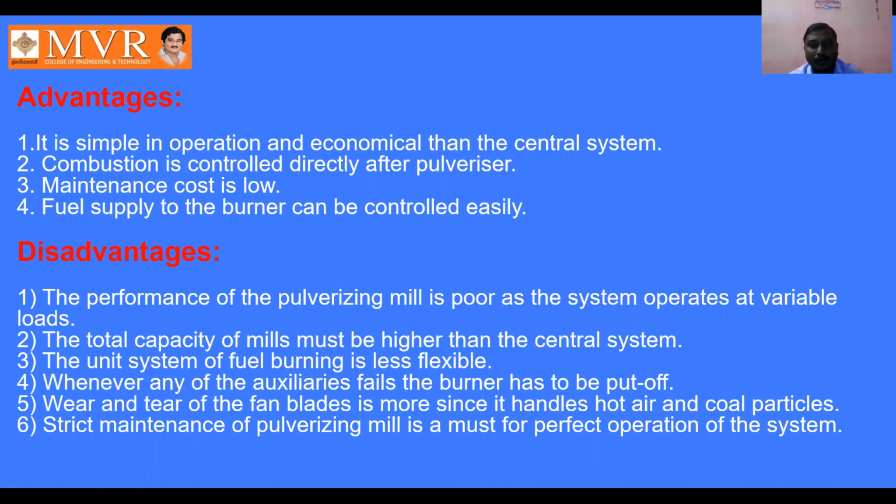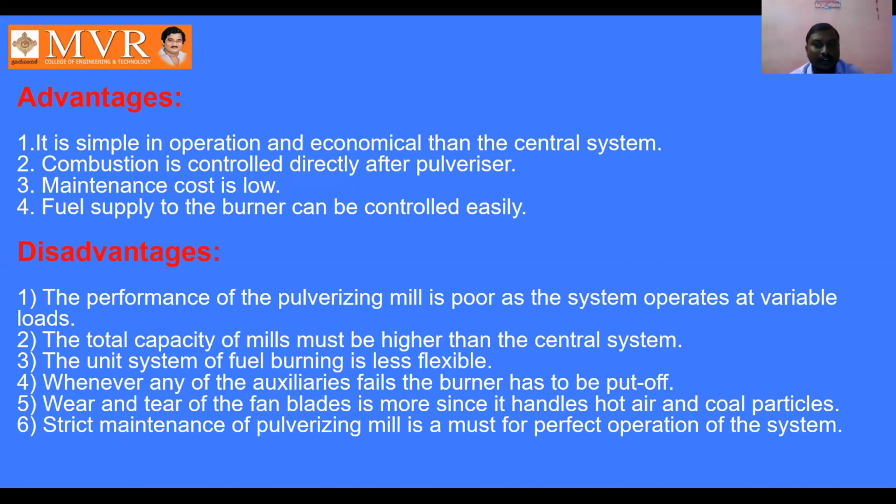When we do combustion, wear and tear of the fan blades is more in this unit system. And strict maintenance of the pulverizing mill is a must for perfect operation of the system. We should keep it under strict maintenance for getting more output.